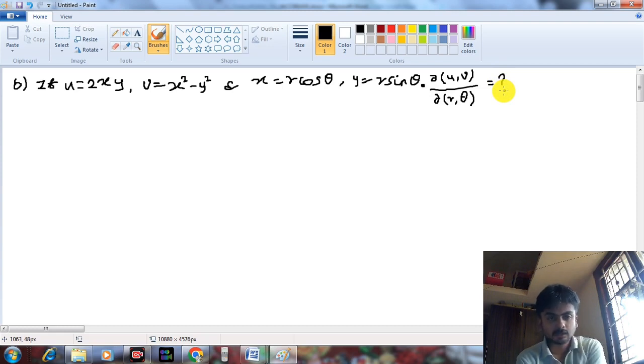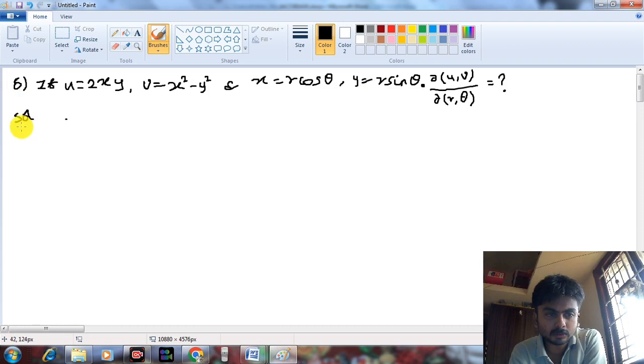So now this formula resembles the cyclic form of Jacobian, because here we can use the second property. Here u and v are functions of x and y, whereas x and y are functions of r and theta. I shall write the solution here. Solution.